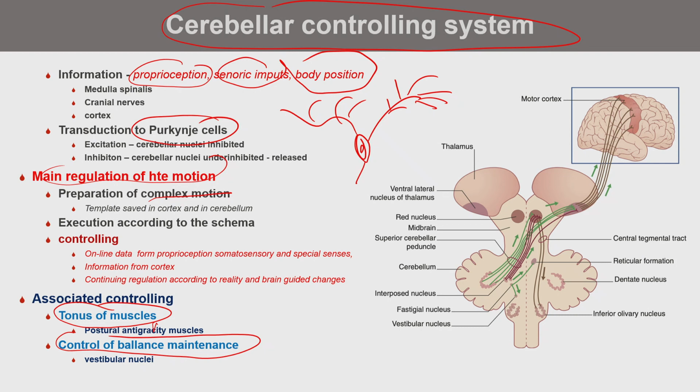So the relay of the cortex and the cerebellum is through the dentate nucleus and through the reticular formation.